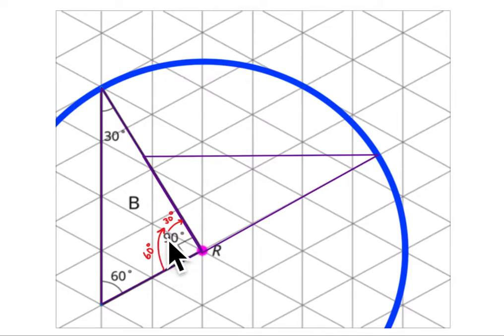Each angle of an equilateral triangle is 60 degrees. And this is half of 60 degrees, or 30. So from here to here is a 90-degree angle. And that then rotates 90 degrees clockwise. So this is the 30 degrees, and this is the 60 degrees. So that's a total rotation of 90 degrees. So that angle remains the same.